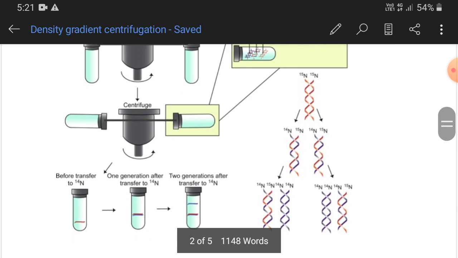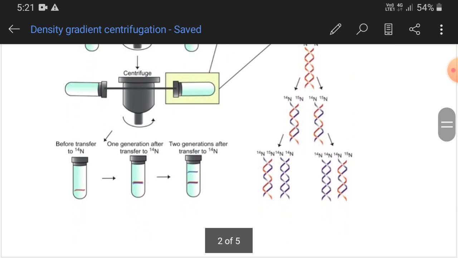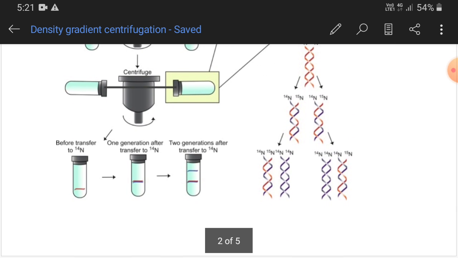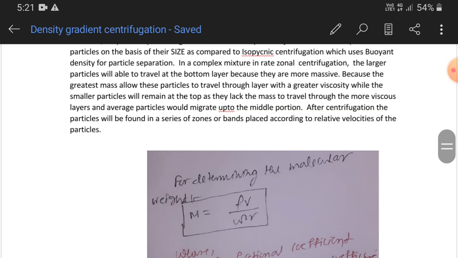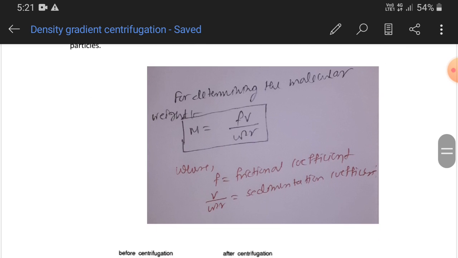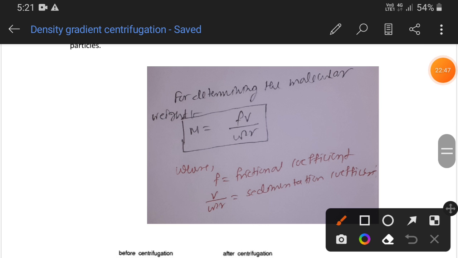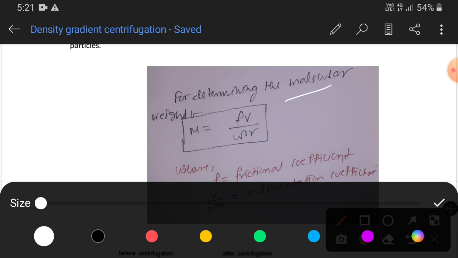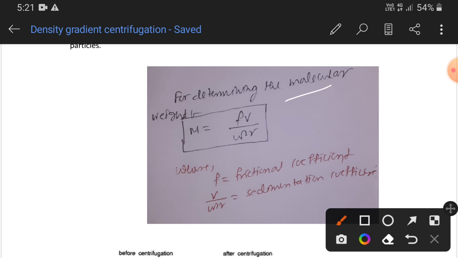So in case of rate zonal centrifugation, we are separating particles on the basis of their size, okay. And another important formula that can come in the exam is the molecular weight determination in rate zonal centrifugation. There the formula is m is equal to f v by omega square r, where f is your frictional coefficient and v by omega square r is your sedimentation coefficient.